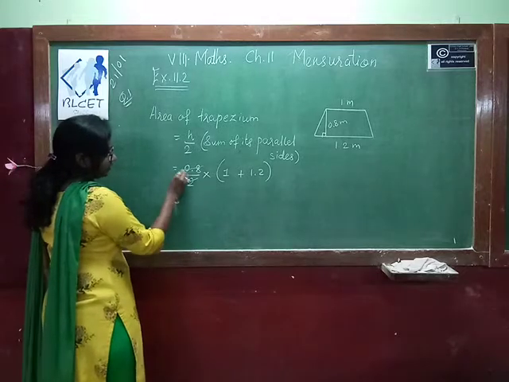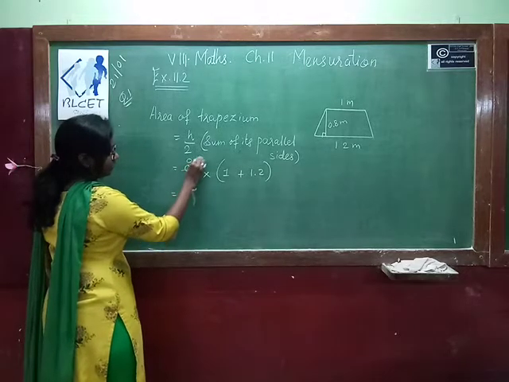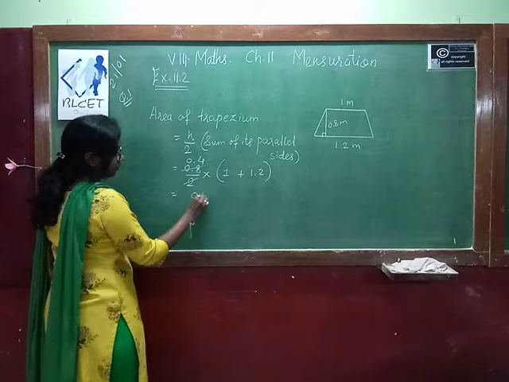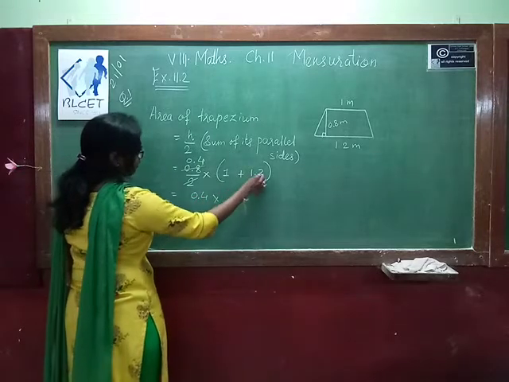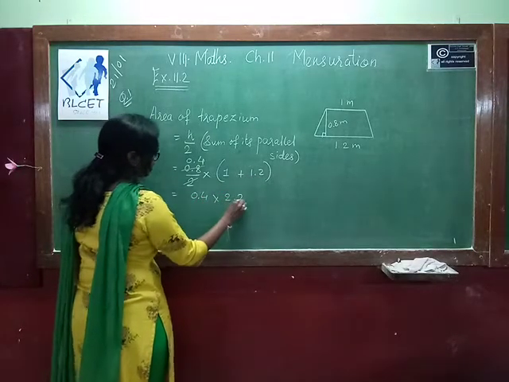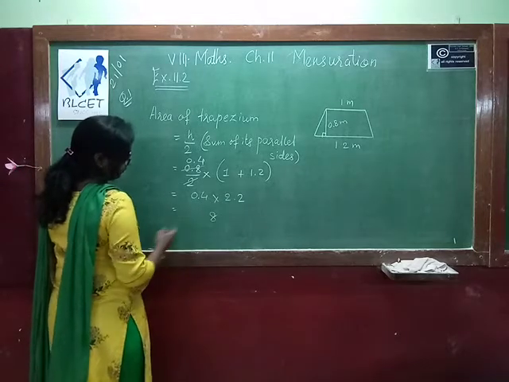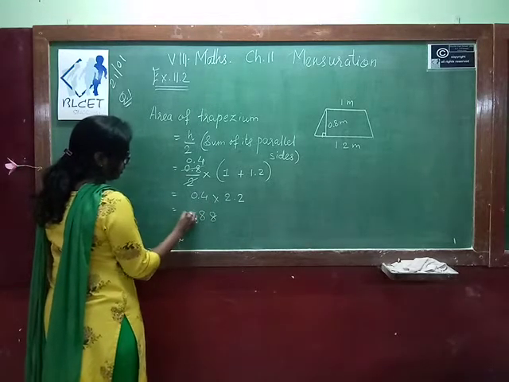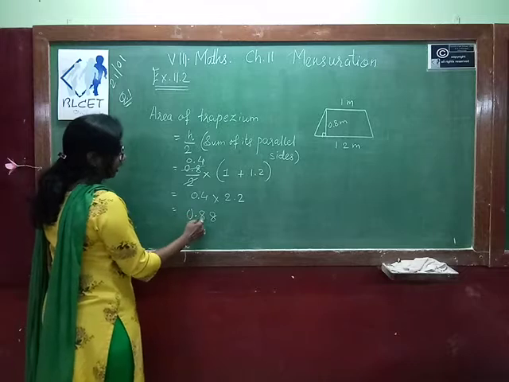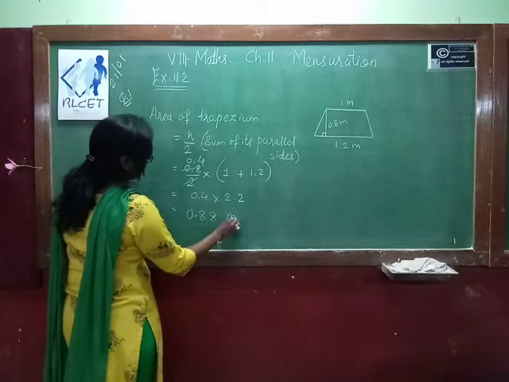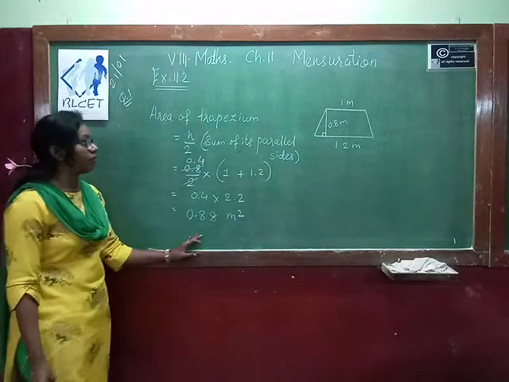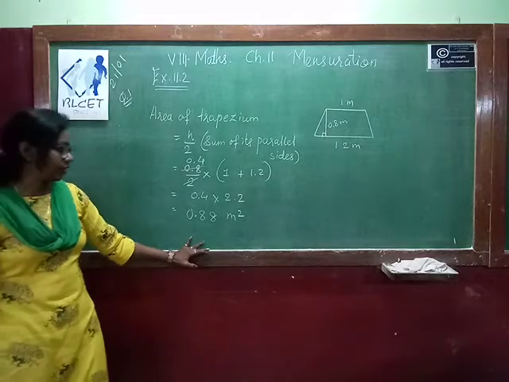So we can cancel this. 2 4s are 8, so 0.4 multiplied by 1 plus 1.2, which is 2.2. Do the multiplication. 4 2s are 8. So what is the answer? 0.88 meter square. So this is the area of this tabletop.